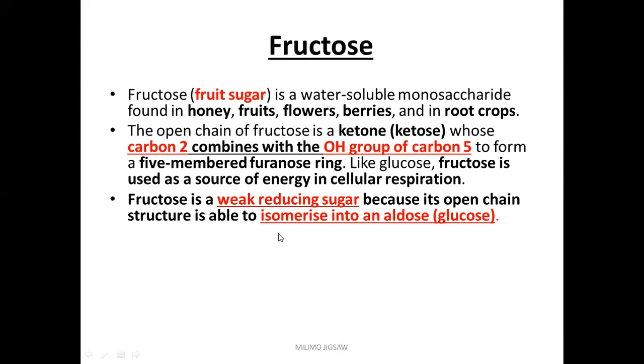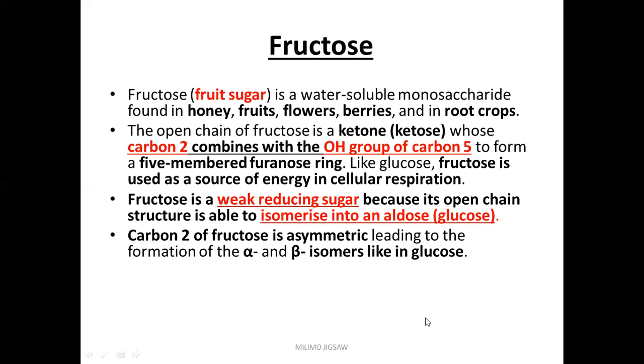What makes it a reducing sugar is that its open chain structure is able to isomerize, as I explained earlier, into an aldose sugar, into a glucose structure. And remember, glucose is a powerful reducing agent. It has an aldehyde group. So fructose is a reducing sugar, but a weak one because it has a ketone group.